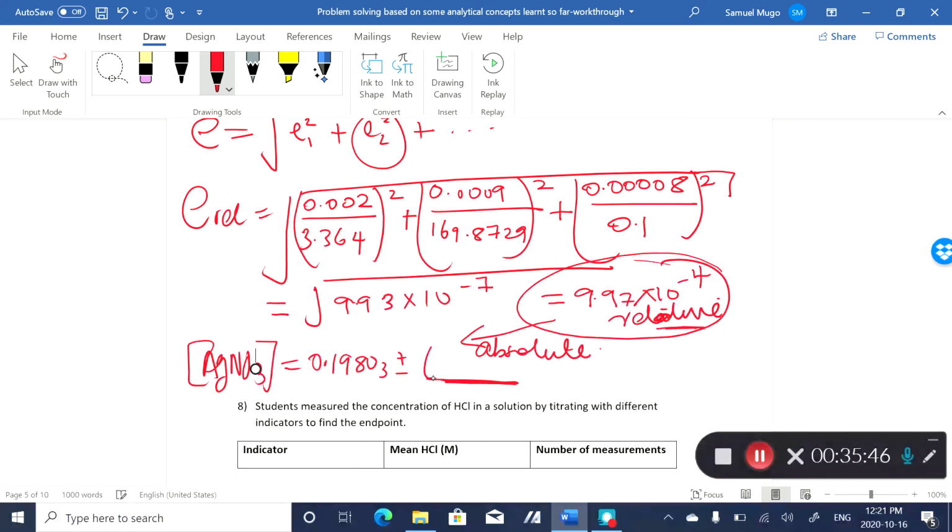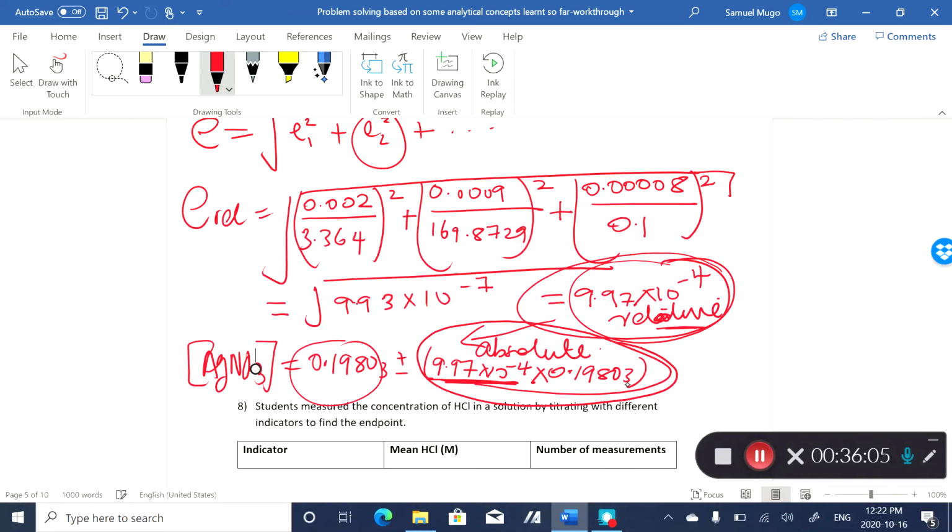The absolute uncertainty is equal to the relative, 9.97 times 10 to the power minus 4, multiplied by the measurement, which is 0.19803. Whatever you get here is absolute uncertainty, and it's in molar concentration, the same as your calculated concentration. And so when you do that, you're going to find this plus minus 0.0002 molar concentration.